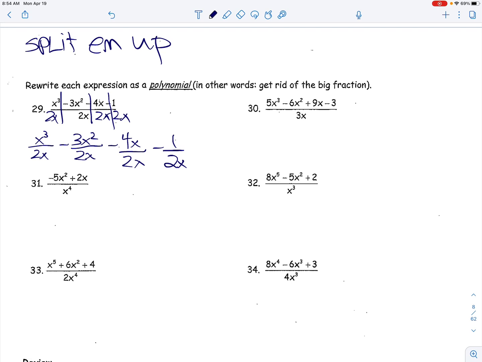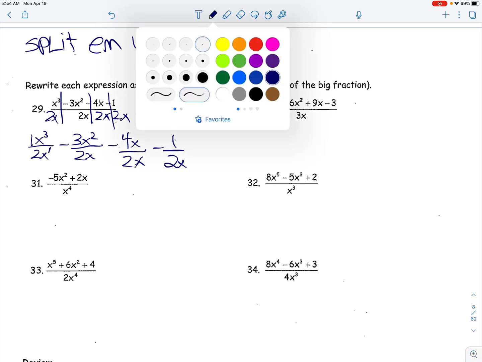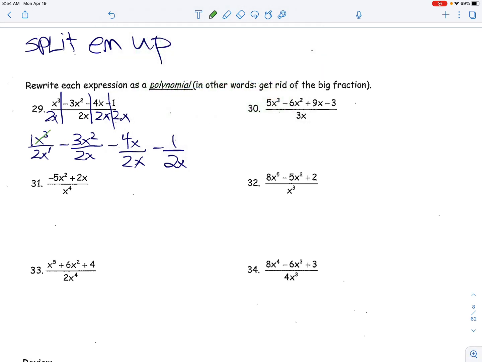All right, so what are we going to do here? So x cubed, a 1x cubed over 2x to the first. We can divide the x3 and the x1. x3 over x1 has 2 x's left over in the numerator.